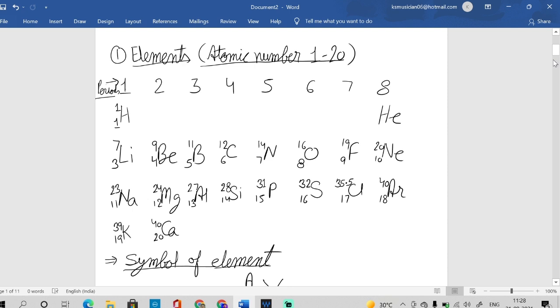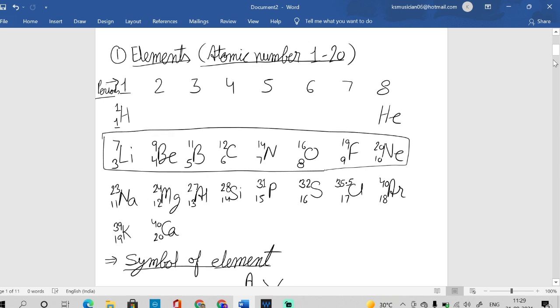I hope you all know these topics already, but it is also done here for you. Okay, so we have these 1 2 3 4 5 6 7 8. These are called groups. And when we move left to right, this horizontal row is called a period.